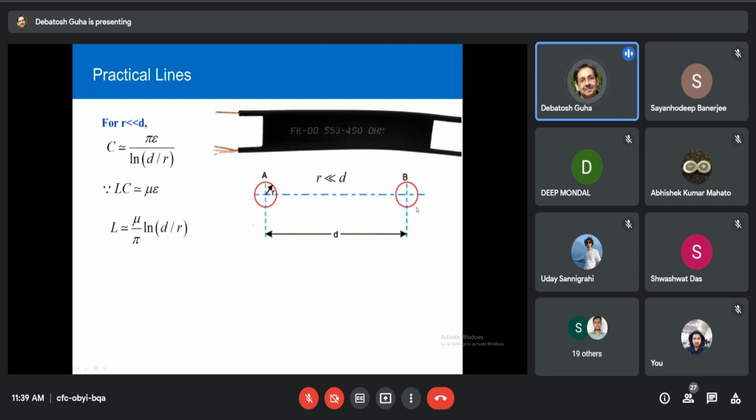This logarithmic relation between D and R is very interesting, and by this way you can determine its impedance. L and C depend on its dimensions, so that is the characteristic impedance.